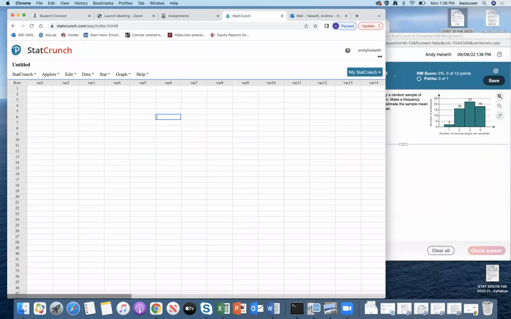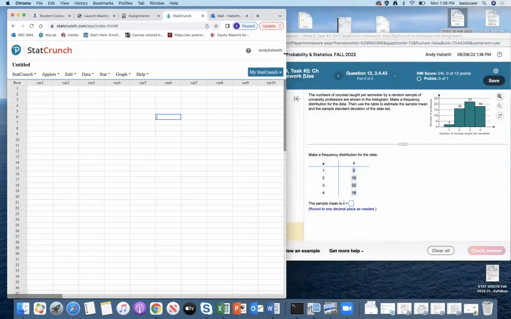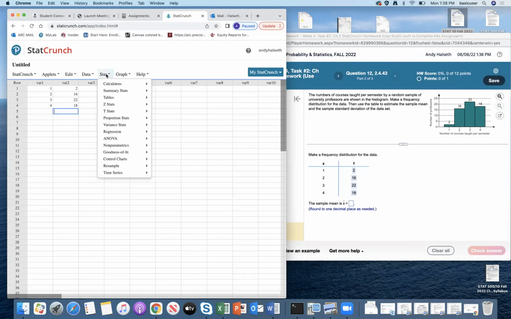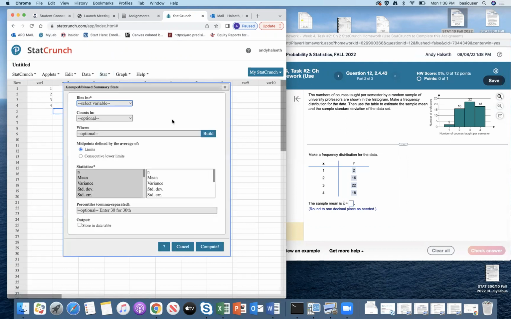Here's a blank StatCrunch page, and the first thing I have to do is enter in the data. So 1, 2, 3, and 4, mirroring what I see in my homework problem. And there we go. The way this works is you go to Stat, Summary Stats, and then all the way to Grouped or Binned Data.